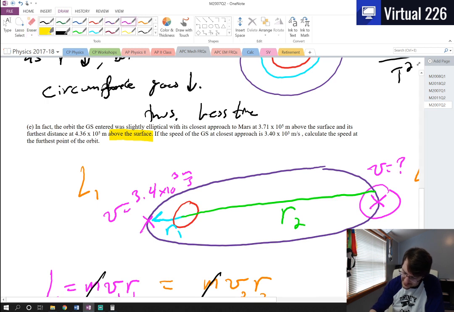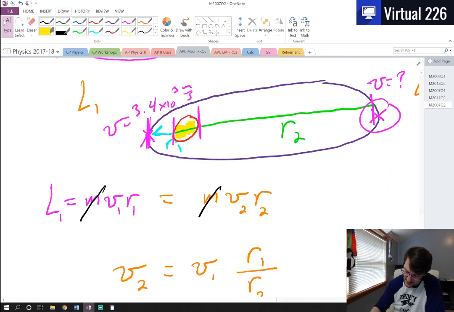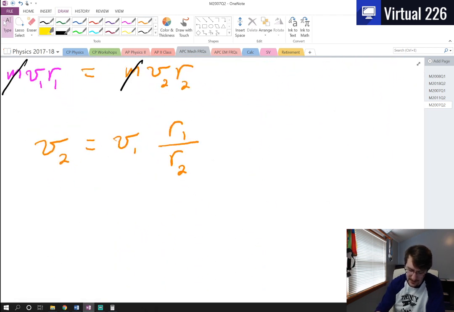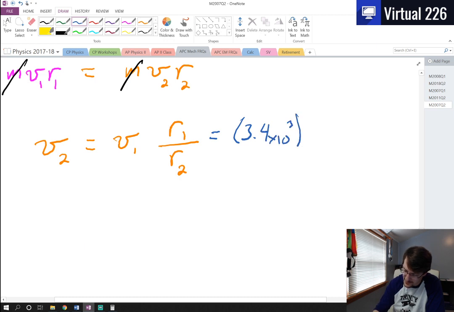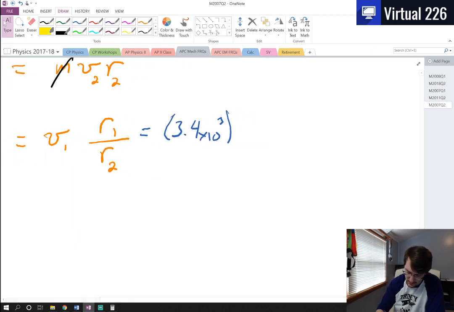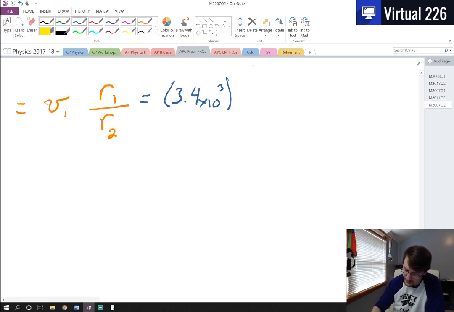They give us the distance above the surface, but we need to make sure that we include this extra little bit on each side. So when we actually do this for our final answer, and this, Ms. Spadaro, is what you were speaking of a moment ago, it will be V1, which is the 3.4 times 10 to the third. But then for this ratio, when we multiply, this is going to be the orbital radius of the planet.